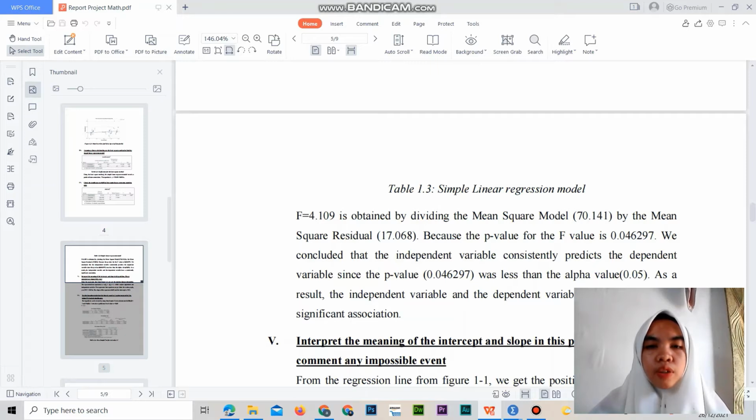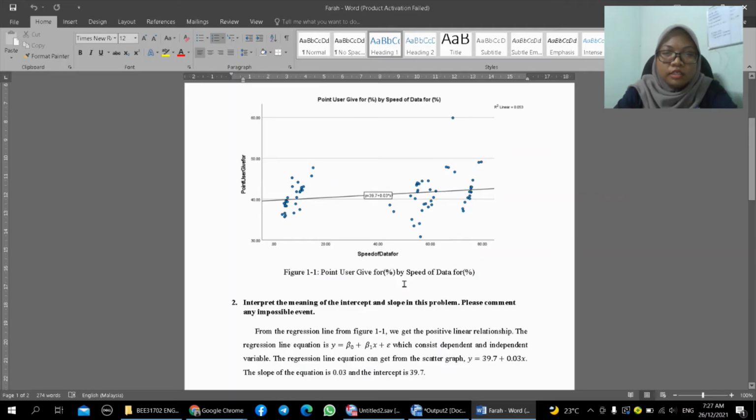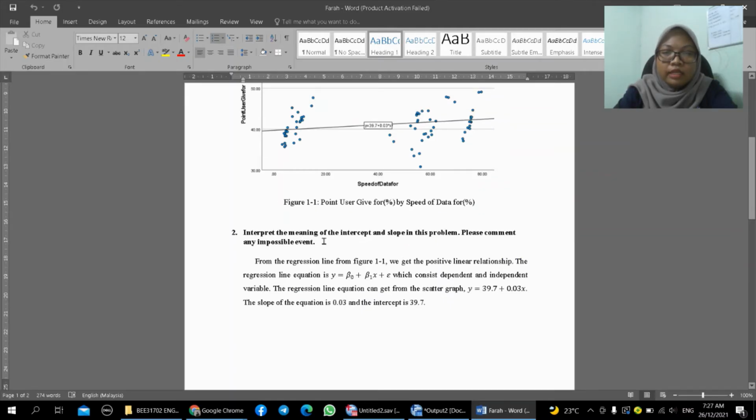From this we conclude that the independent variable consistently predicts the dependent variable, since the p value was less than the alpha value. As a result, the independent variable and dependent variable have a statistically significant association.